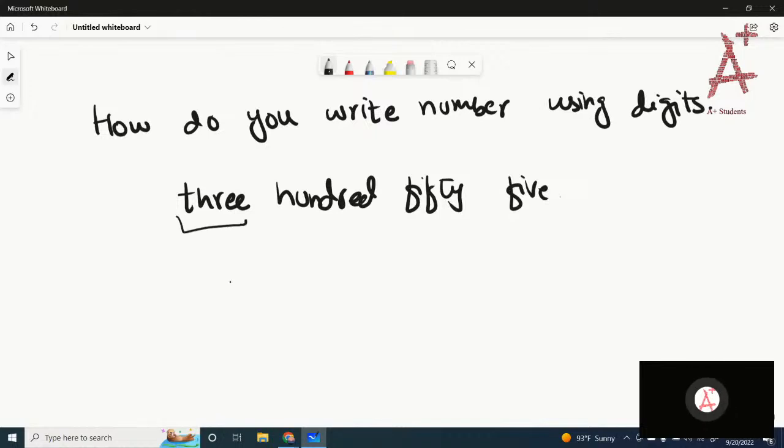As we pronounce 300, that means the digit that is at the hundred place is 3. Then 50, that means the digit that is at the tens place is 5, and the digit that is at the ones place is 5. So that means you can write it in digits as 355. So you are given two options. Second one is the correct option, and then click on the OK button.